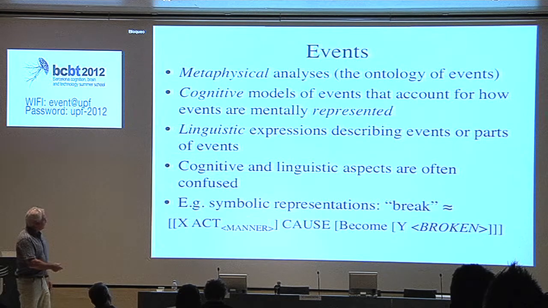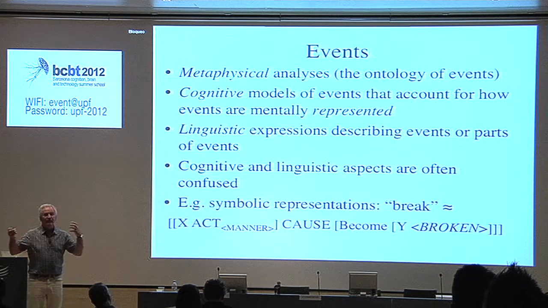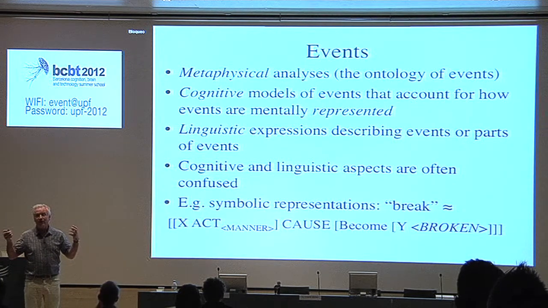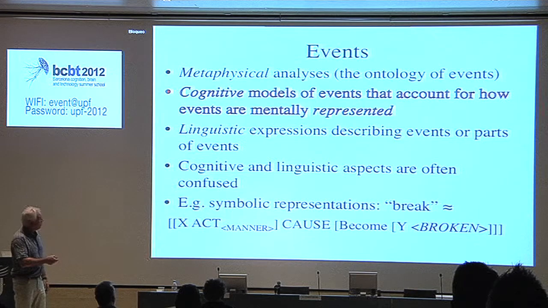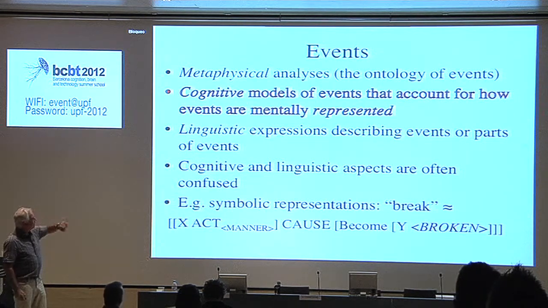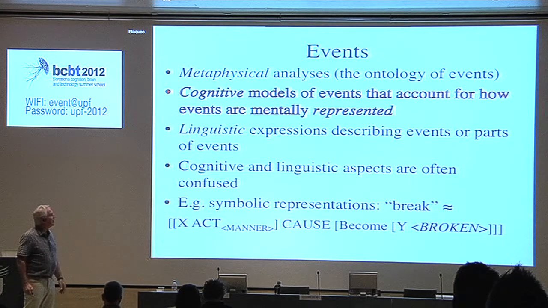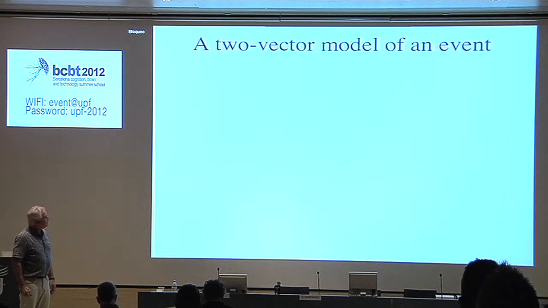But still, something is acting to cause something to happen. That part is essential for our understanding of events. I will build on that, but as I said, what I'm focusing on is the cognitive model of events, not the metaphysical or the linguistic aspects.